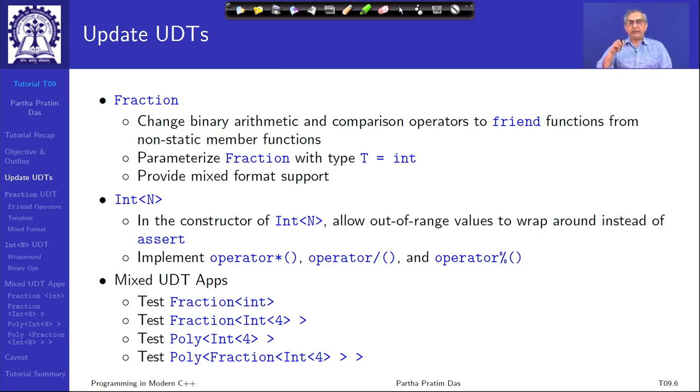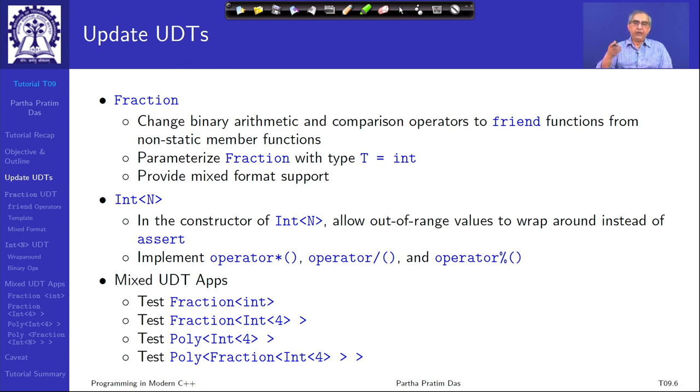The second is, when we implemented the fraction, we had assumed that the numerator will be of the int type and the denominator will be unsigned int type, expecting that the denominator cannot be negative and so on. But it is not necessary that the implementation be on the int type.